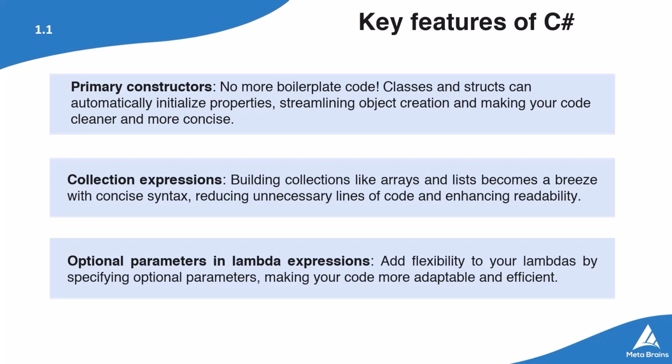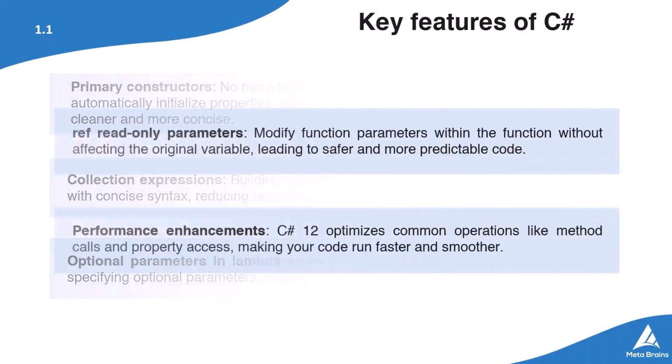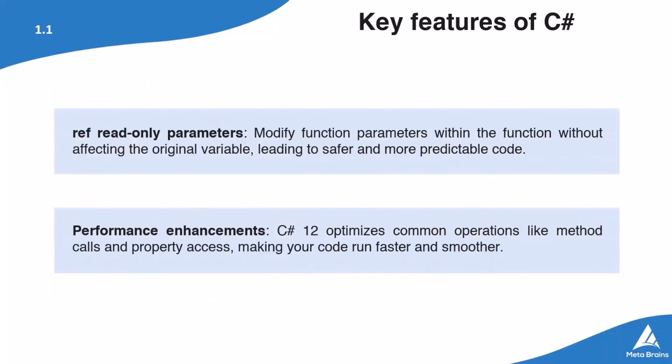The syntax is more concise, hence reducing unnecessary lines of code and enhancing readability. Optional parameters in lambda expressions add flexibility to your lambdas. Specifying optional parameters makes your code more adaptable and efficient. Next, we have the ref readonly parameters. We can modify function parameters within the function without affecting the original variable, leading to safer and more predictable code.